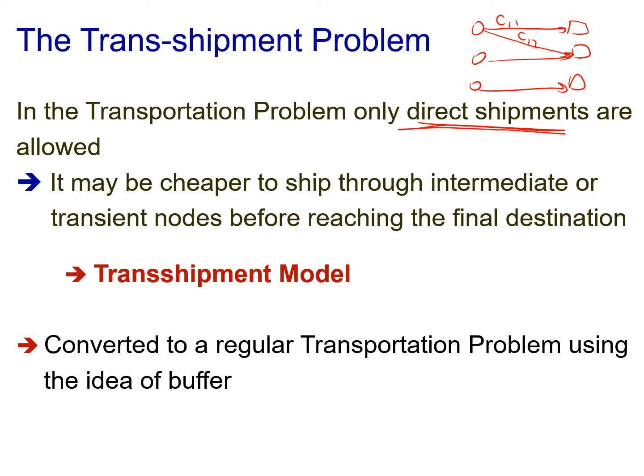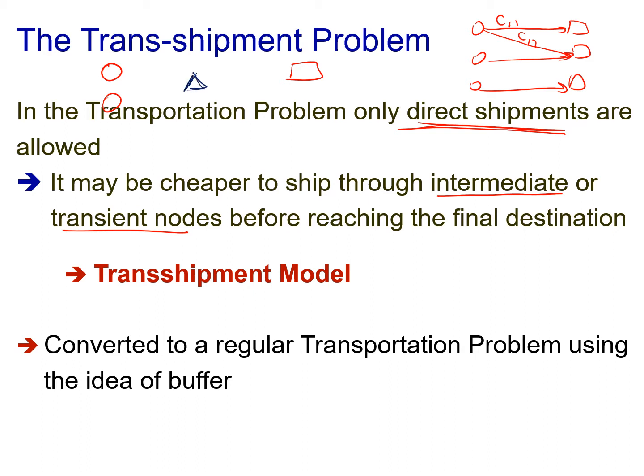You are sending from the supplier directly to the demand point. But sometimes you may have some intermediate or transient nodes between the supply and the demand points. Okay, what do we mean? You have this supplier, you have this demand point, again you may have this supplier, and in between them there can be another point.